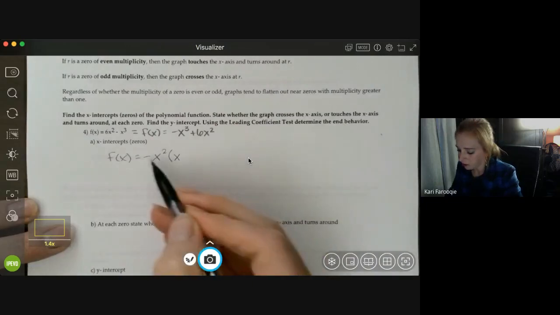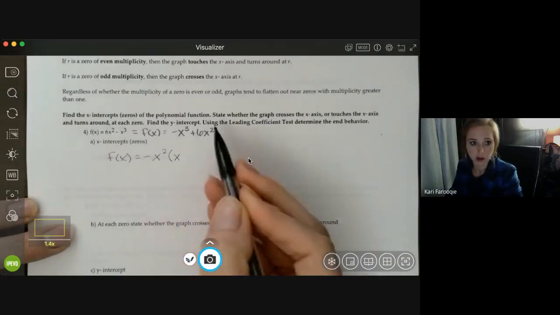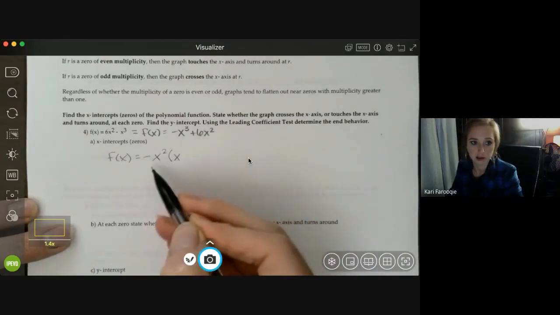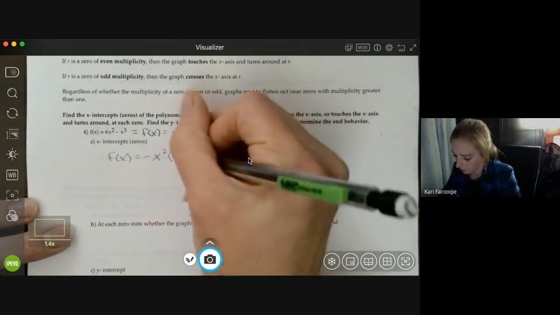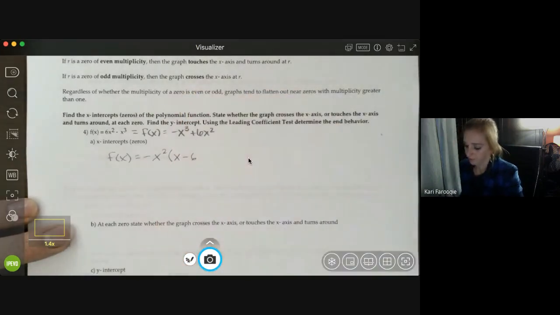And don't forget you factored out a negative. Positive 6 divided by negative 1 is negative 6. So you have to correct for that sign. You might be thinking, oh, big deal if I forget that. Well, it will change one of the values of your zeros, and this is your base information, so this is pretty important.